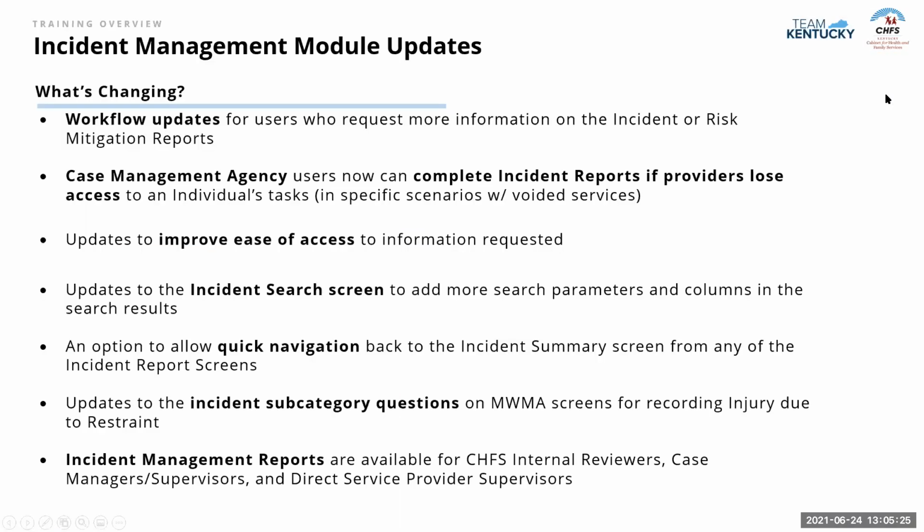Okay, let's start off just by going over what is changing. Our first item at the top there is a workflow update for users who request more information on the incident or risk mitigation reports. If you will remember from our last session, for those of you who joined, we did talk about how internal users or CHFS staff have the ability to request more information about an incident.